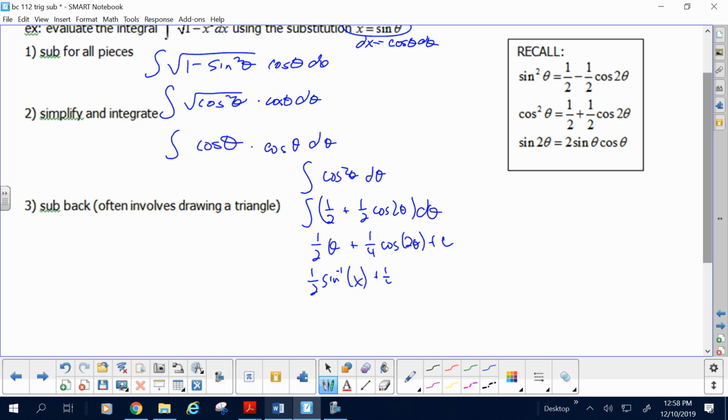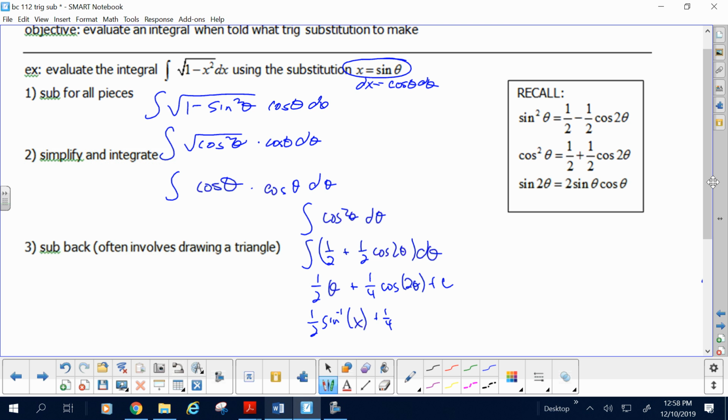1/4 of, now, this is a bit of a problem because our fact is about theta, not 2 theta. So what do we do with that problem? How do we solve that problem? Oh, it's sine. Yes, sorry. Thank you. Good call. 2 theta, though, is the problem still.